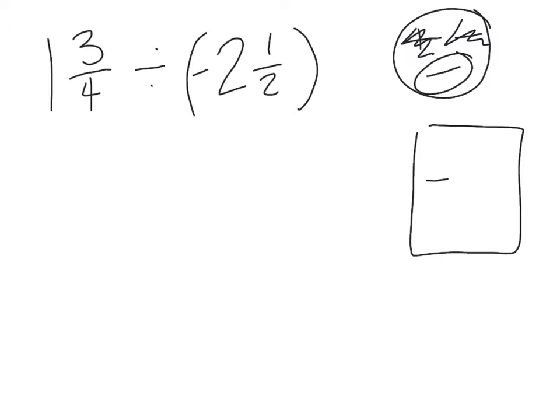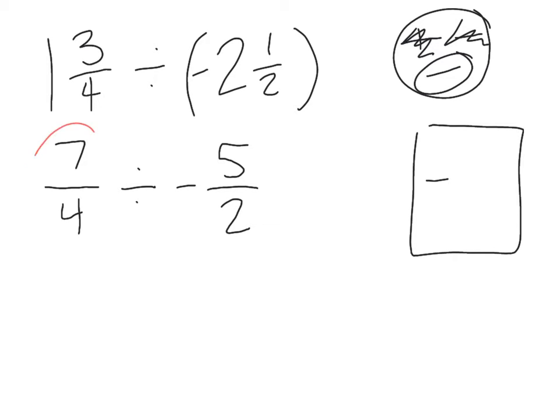Before I can keep, change, flip here, I'm going to need to change these to improper fractions. So 1 times 4 is 4, plus the 3 is 7, and then it's still over 4, divided by 2 times 2 is 4, plus the 1 is 5. So my equivalent problem is 7/4 divided by negative 5/2.